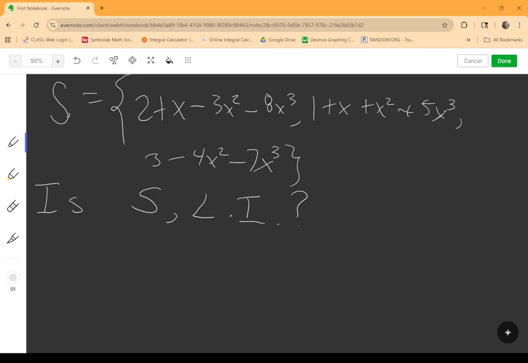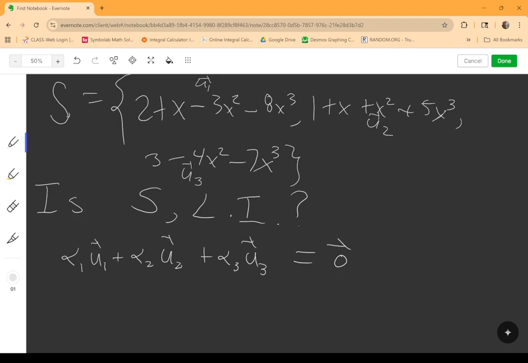So I would set up here, I'll call these U1, U2, and U3. So my alpha 1 U1 plus alpha 2 U2 plus alpha 3 U3 equal to the 0 vector.